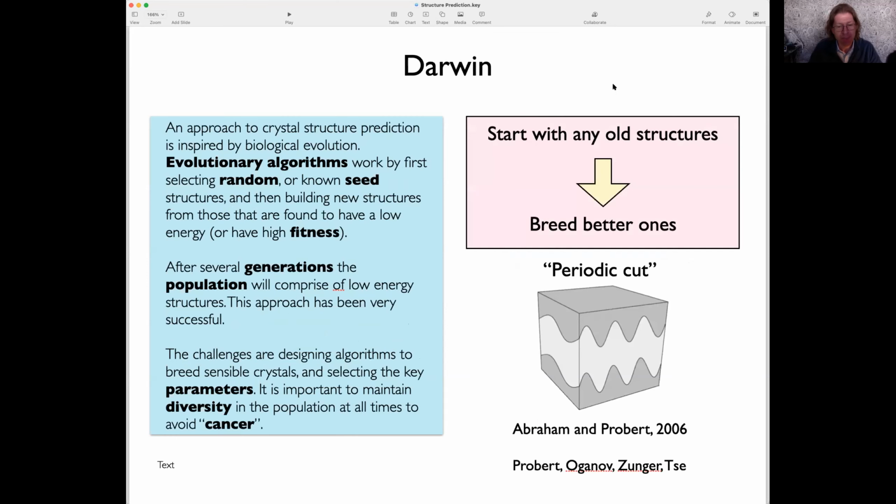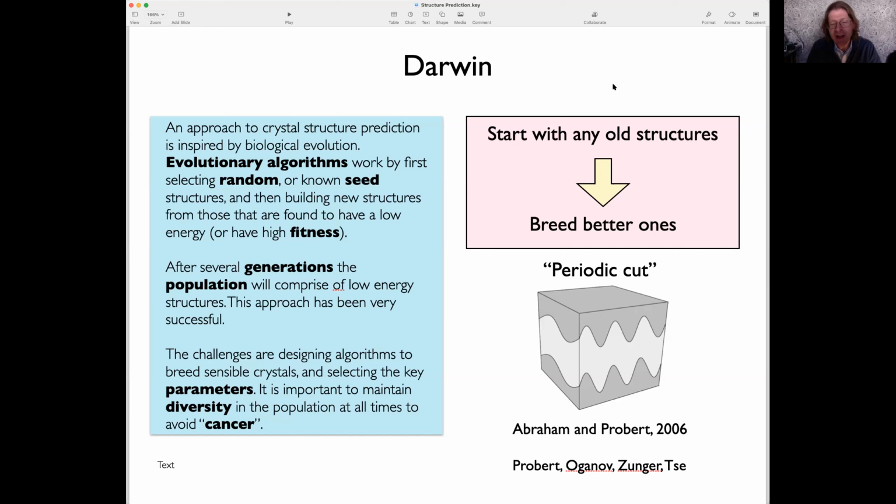So the next approach that you could try is to appeal to Darwin. So we've done Newton, we'll now do Darwin, another Cambridge scientist. We try and evolve or breed our crystal structures, and this is the idea behind so-called evolutionary algorithms.